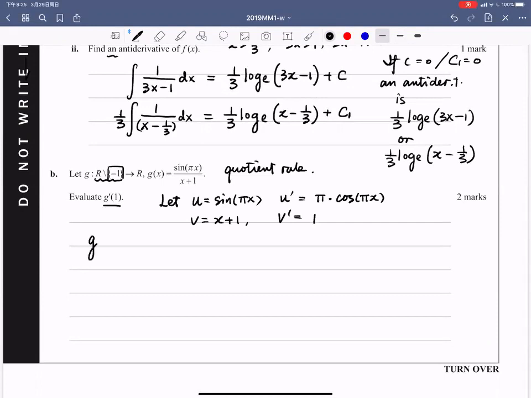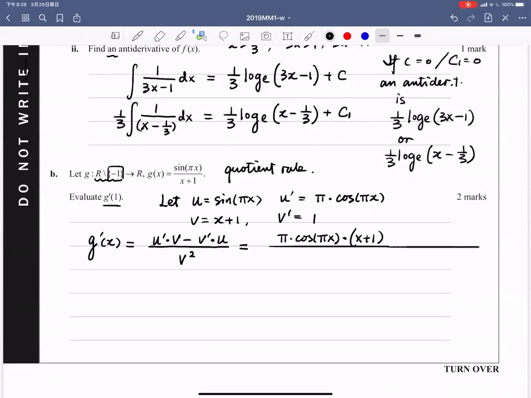Now I'm going to say g dash of x equals u dash times v minus v dash times u. Whole thing is divided by v squared, which is a long vinculum. U dash is pi times cos pi x times x plus 1. The vinculum is not long enough, then I need to extend it.